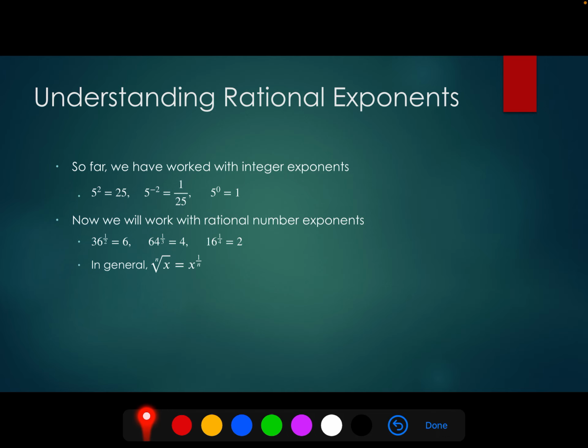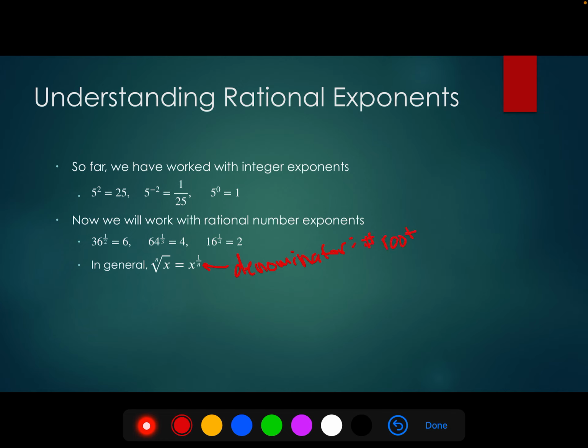Right, so in general, we say that the nth root of x is equal to x to the 1 over n power. So if we have a variable raised to a rational exponent, that denominator represents the number root.